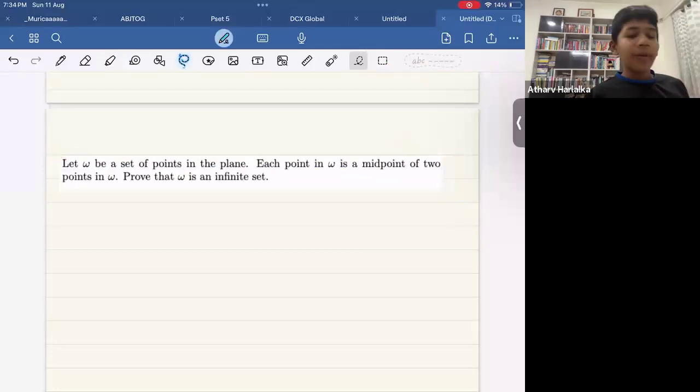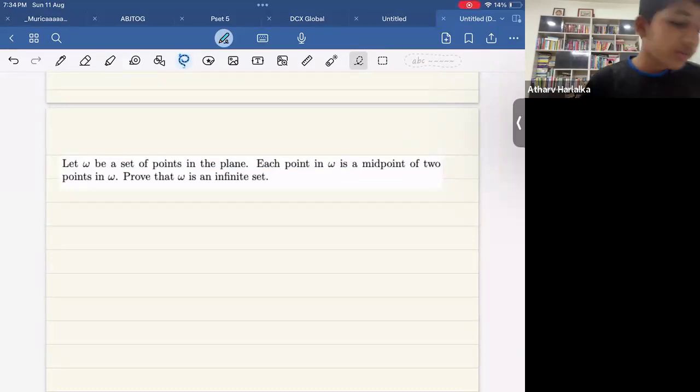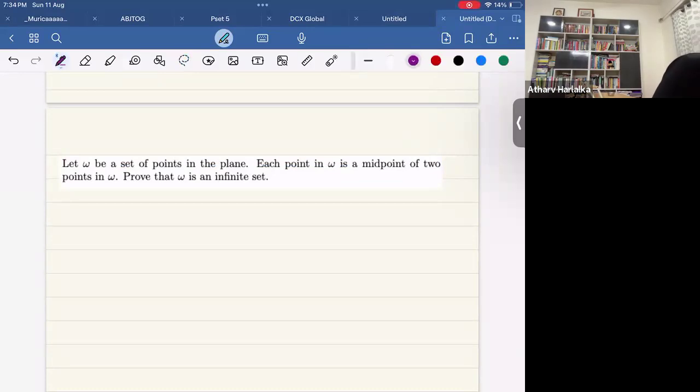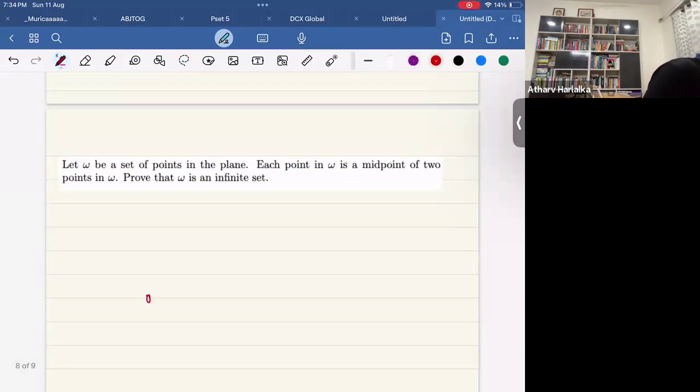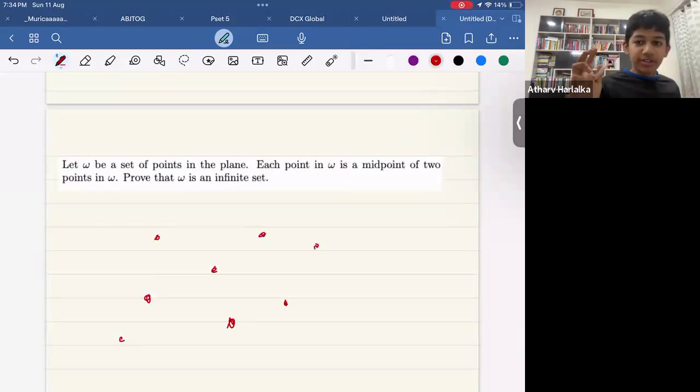Okay, so we have to prove this set is infinite. So let's try proving that if this set is finite, then there is some point which does not satisfy the property. Okay, now convince yourself of the following fact. It's not obvious, but if you have a finite set of points, you can in some sense choose the rightmost point.